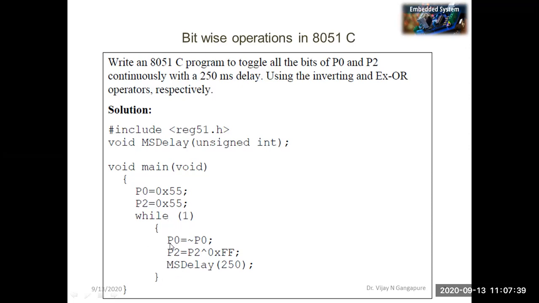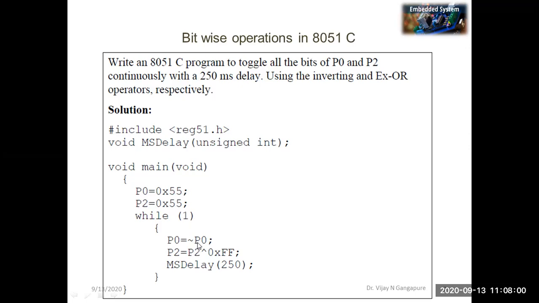So what is written here, see here, P0 is equal to, what is this, the bitwise not operator. So the bitwise not operator on port 0. So presently what is the data in port 0, 55 we have outputted, so that will be inverted. So after inversion of 55, what data will we get?